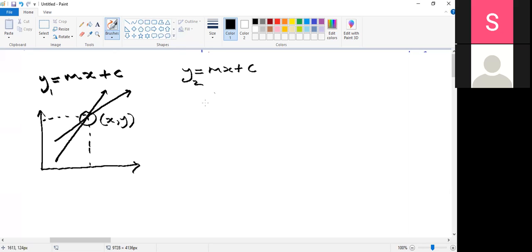So let me give you an example. x plus 2y equal 5, and another one, 3x plus y equal 5.